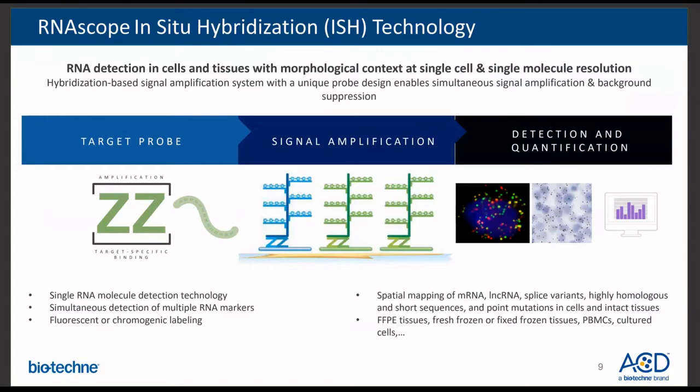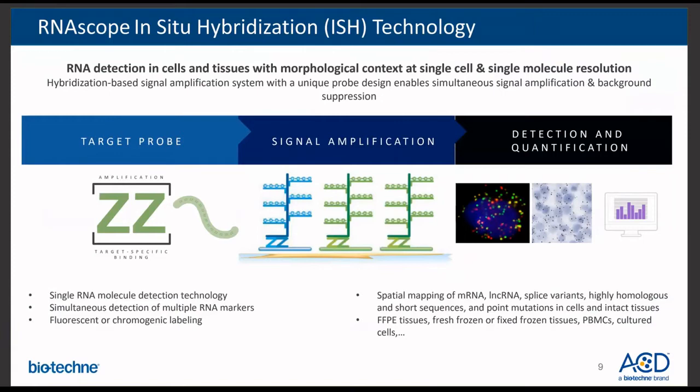So this assay allows for the spatial mapping of a variety of different applications: messenger RNA, long non-coding RNAs, splice variants, point mutations, and highly homologous sequences in cells and intact tissues as well. These all can be visualized, as you can see on the right side, which we'll dive a little bit deeper into later on, with fluorescent and chromogenic labels.